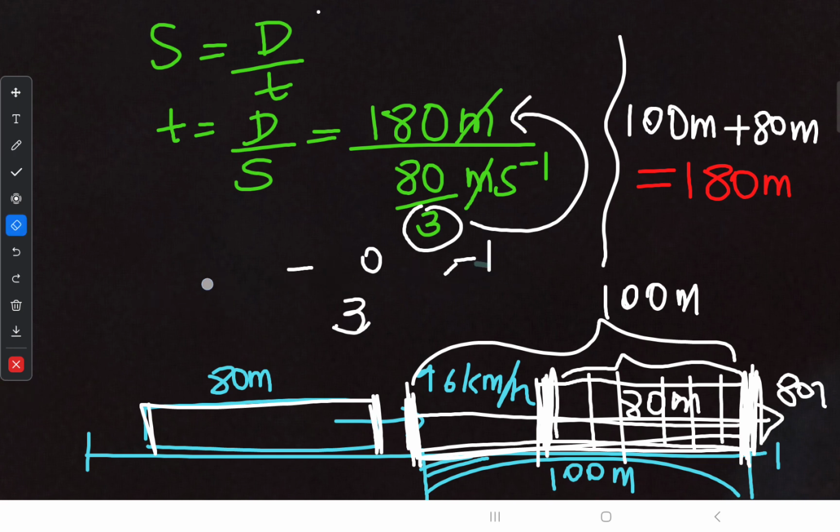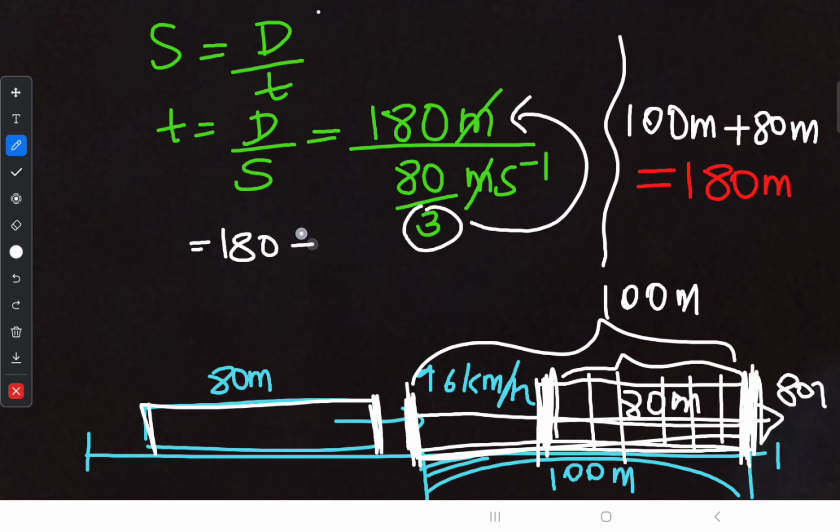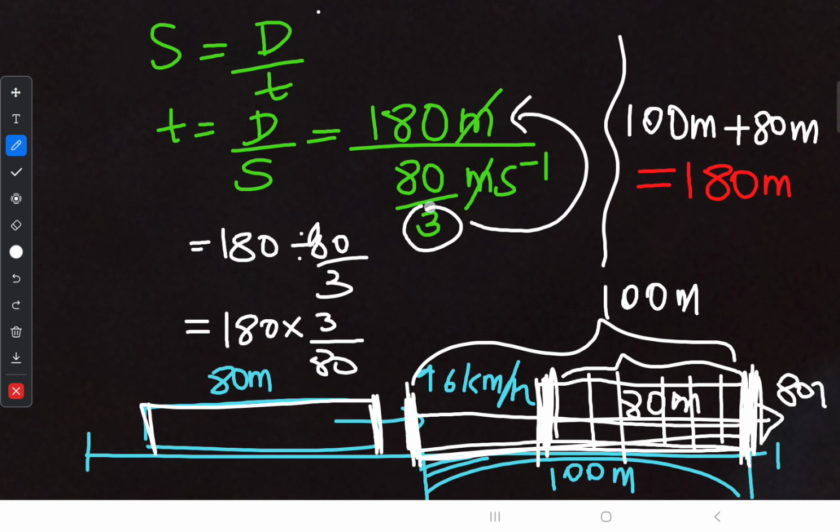Don't get confused. What we are doing here is dividing 180 by 80 upon 3. So this division will become multiplication, and the fraction on the right side becomes its reciprocal, 3 upon 80. That's how, if a division has another denominator, we can take it as a numerator.